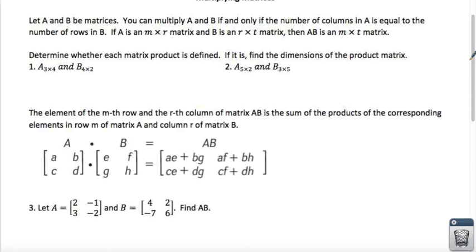So for example, if A was an M by R matrix and B is an R by T matrix, the number of columns in A is equal to R, the number of rows in B is equal to R. So since these are the same, these can be multiplied.